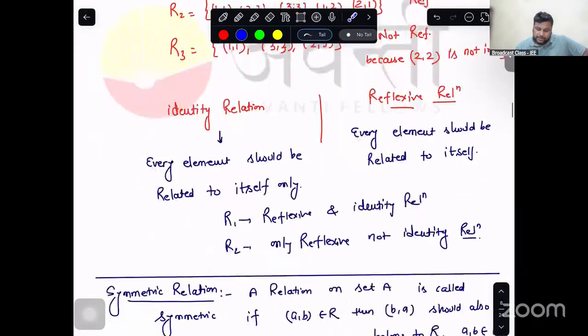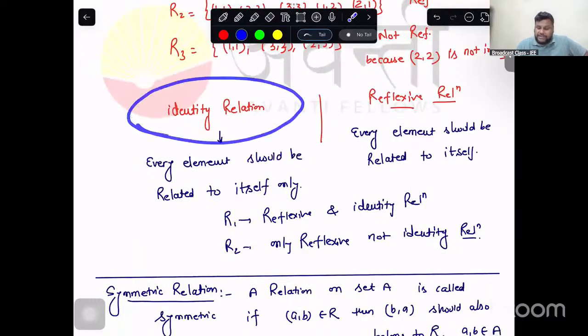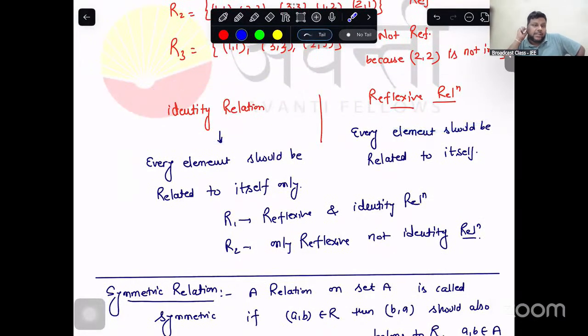Correct? Now, I told you the difference between identity relation and reflexive relation. In identity relation, every element should be related to itself only. But in reflexive relation, every element should be related to itself, and there can be more elements which are related to this element.